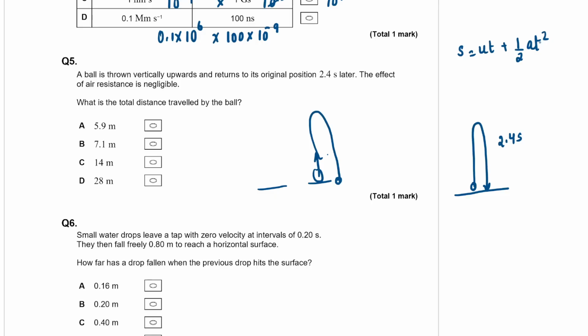And the displacement of this is 0 because it is coming back to the original position. So this is of no use. What I have to do here is break this journey into two parts, calculate to what height it is reaching, and then times it by 2 to calculate the total distance traveled.